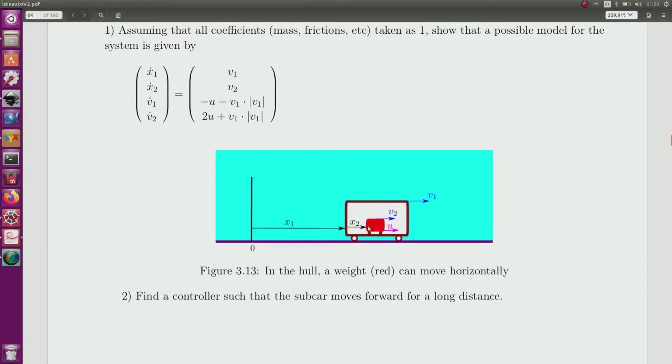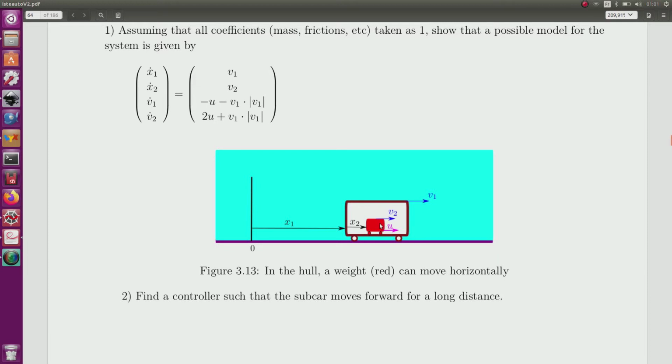X1 corresponds to the position of the subcar, so the distance between 0 and the car. We have X2, which corresponds to the position of the weight inside the hull. V1 here is the speed of the hull, and V2 the speed of the weight.